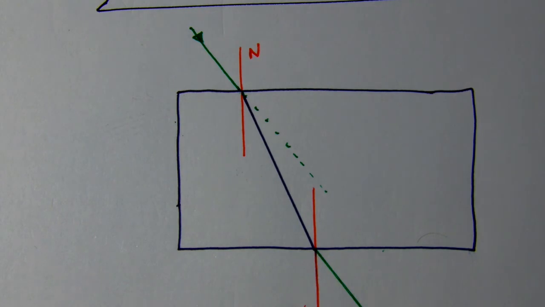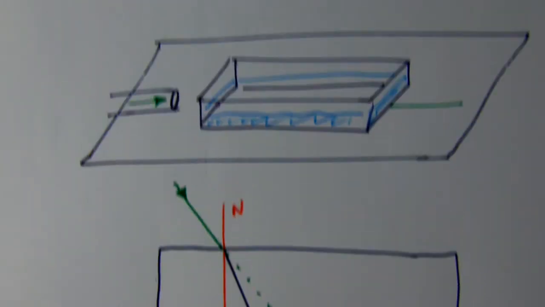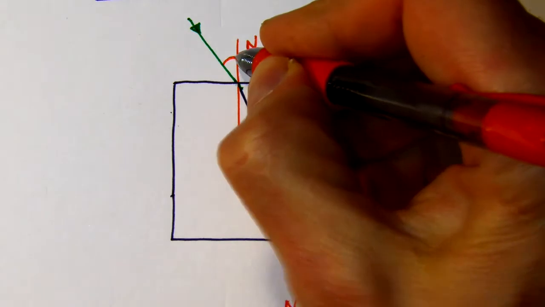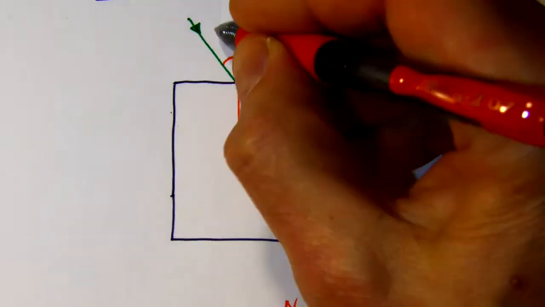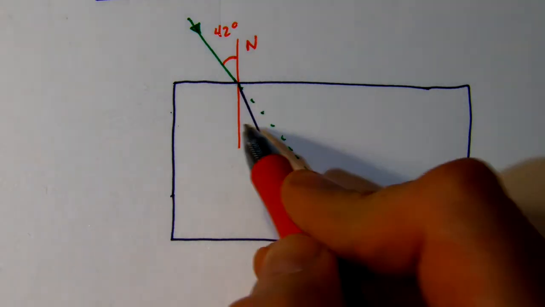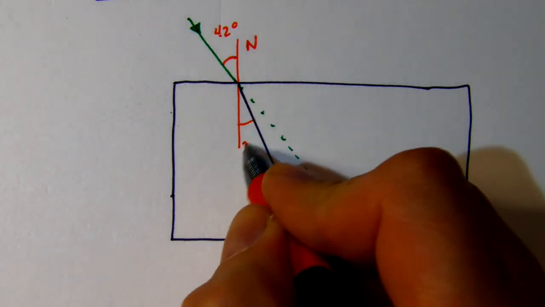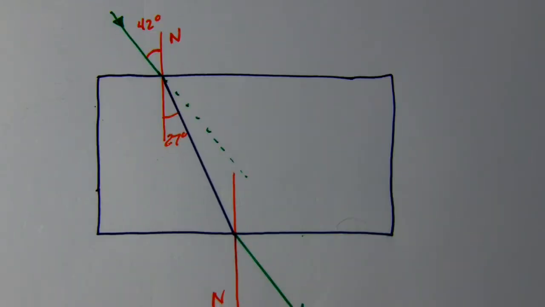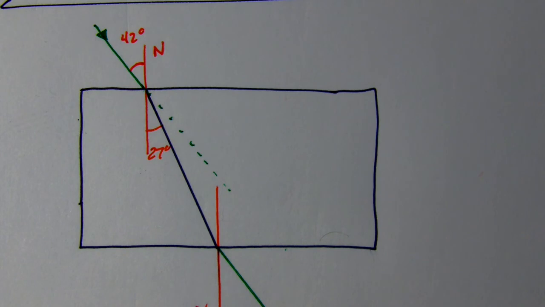All right. So is this right? We know this is a water tray. Okay. So let's call this closer to 42 degrees, something like that. This is more like 27 degrees. We'll use 27 degrees again. Question, is that water? I don't know the index of refraction of water. I'm guessing 1.2.